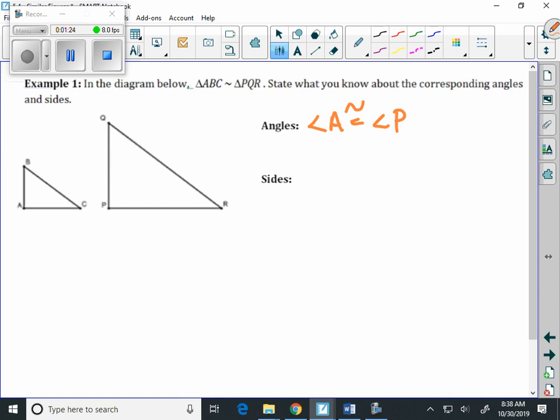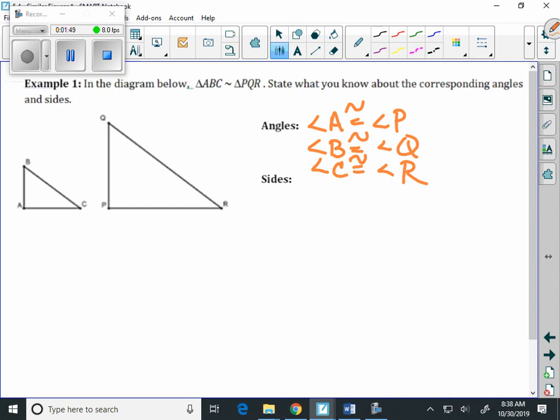A is the first, P is the first in the triangles. Then we have angle B is congruent to angle Q. And C is congruent to R. Angle C is congruent to angle R.